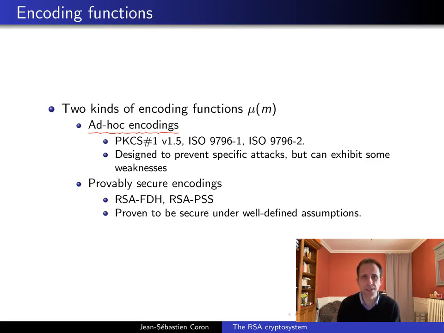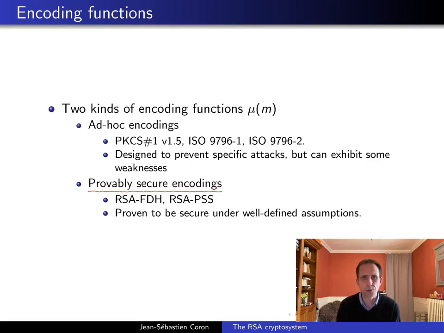So these encodings were designed to prevent specific attacks, but as we will see, they can exhibit some weaknesses, some pretty severe weaknesses. And then we have the second class of encoding functions for which we can prove that the signature scheme is secure. So of course, this is much better.